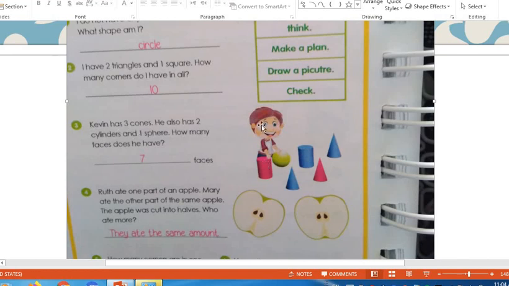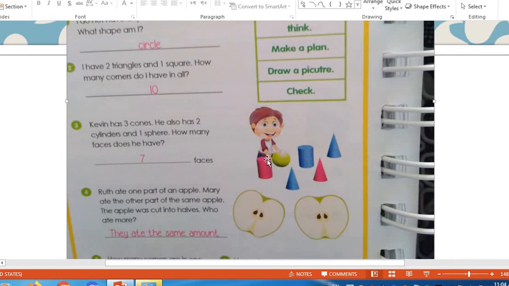Kevin has 3 cones. This is Kevin. Hi Kevin, how are you? 3 cones here. He drew it. He also has 2 cylinders and 1 sphere. How many faces does he have? Let's see together. 1, 2, 3, 4. Do you know the faces of the cylinder? Can you remember?